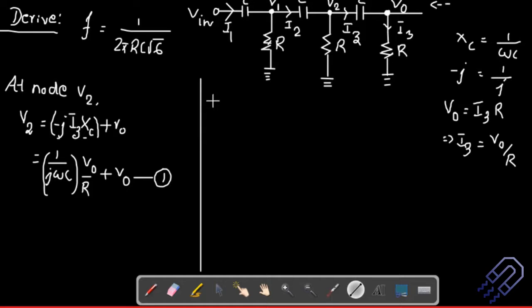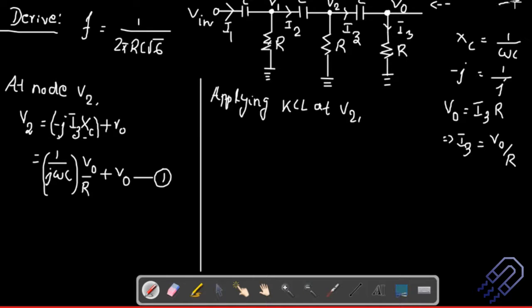Now we are going to apply KCL. KCL, I hope you remember, Kirchhoff's current law, at node V2. These are all nodes. So remember Kirchhoff's current law.